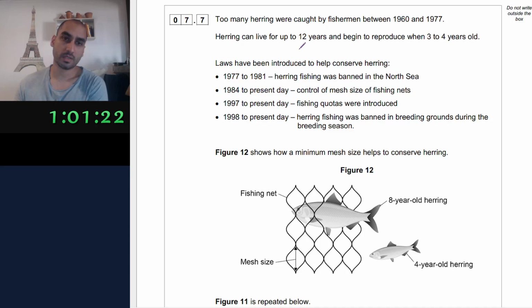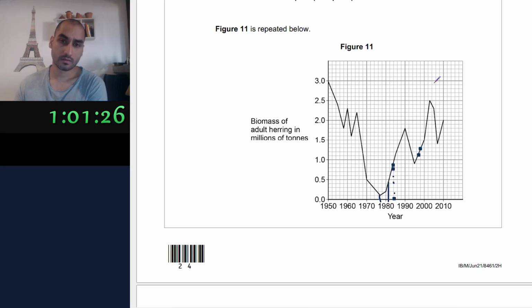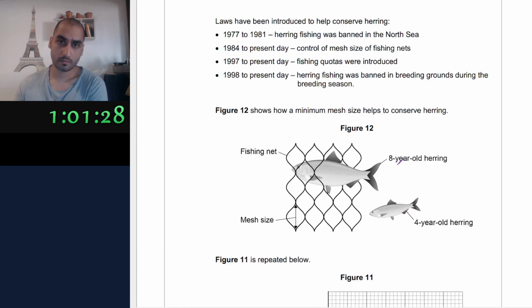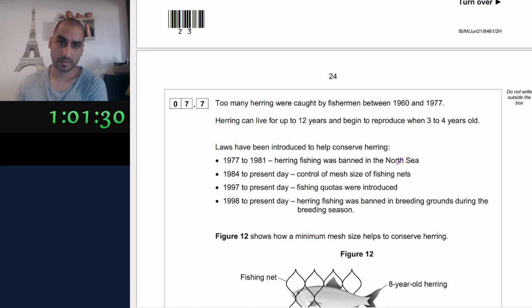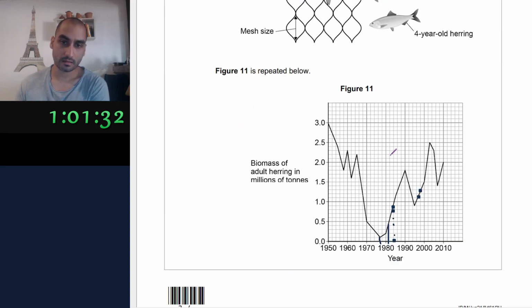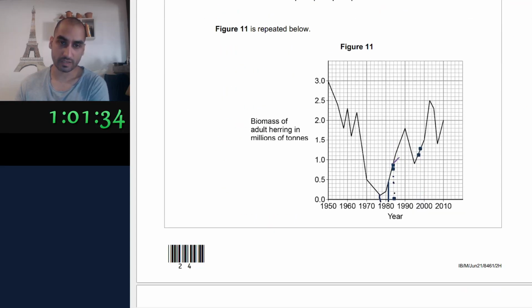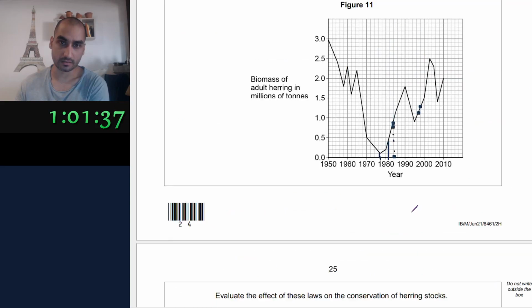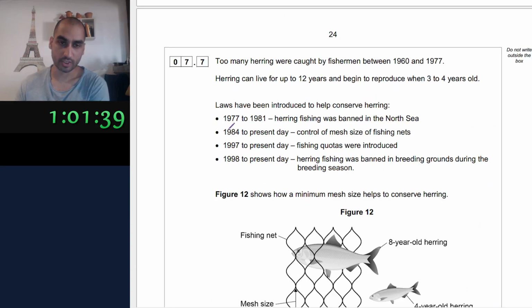Herring can live up to 12 years and begin to reproduce when 3 to 4 years old. So you would expect a lag of about 3 to 4 years after the second law, at which point you'd actually notice something.